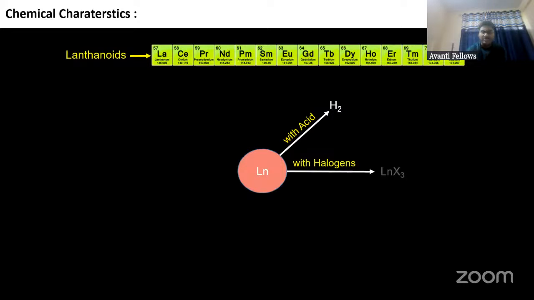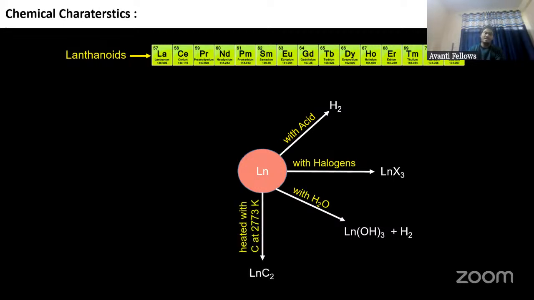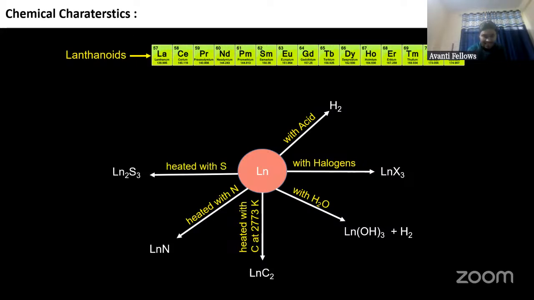When they react with halogen, they form LnX3. Simple. When they react with H2O, they form Ln(OH)3. When heated with carbon at 2773 Kelvin, they form LnC2. Similarly, when heated with nitrogen, they form LnN. When treated with sulfur, they form Ln2S3.